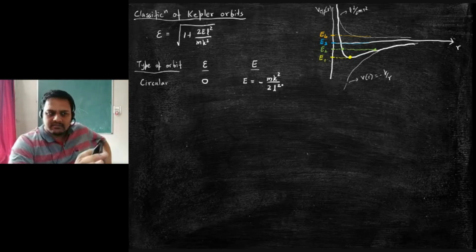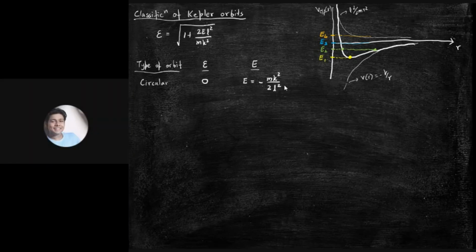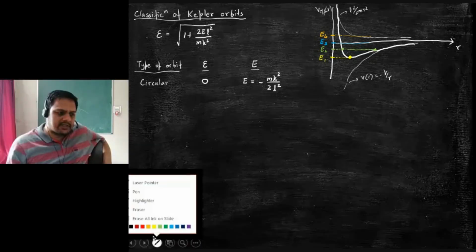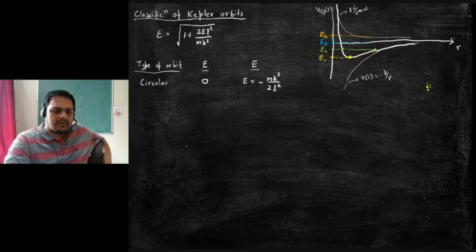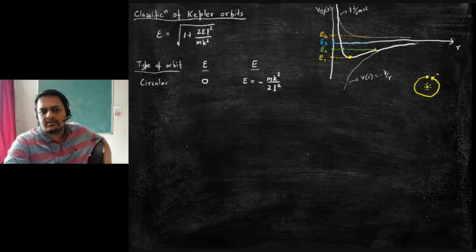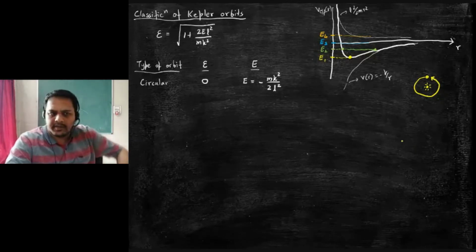Agreed? And so when you have energy E1, basically your object undertakes a circular orbit. Okay?